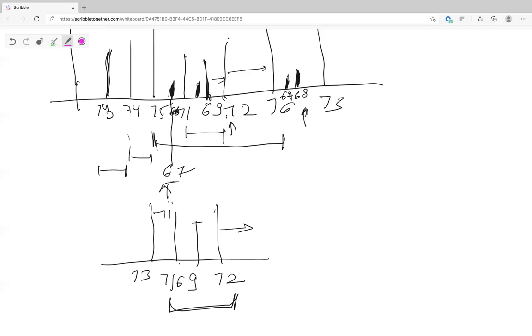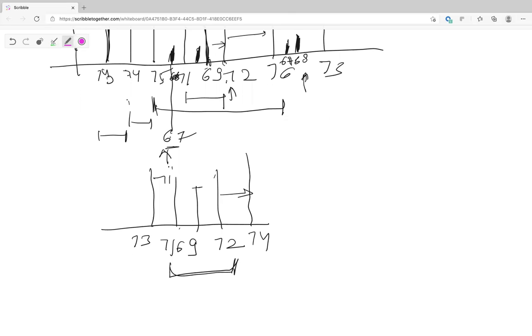If you had a number higher than 73, that would be useful. Let's say you had a 74 here, then 73 is useful. So the intuition here is that we are trying to find the first largest element on my right.